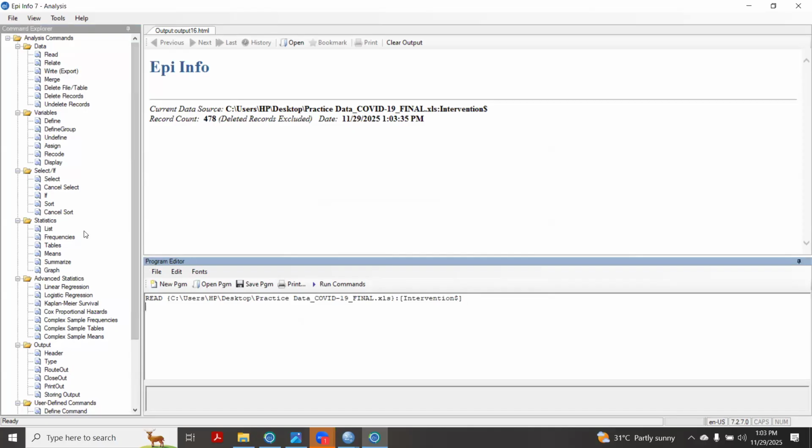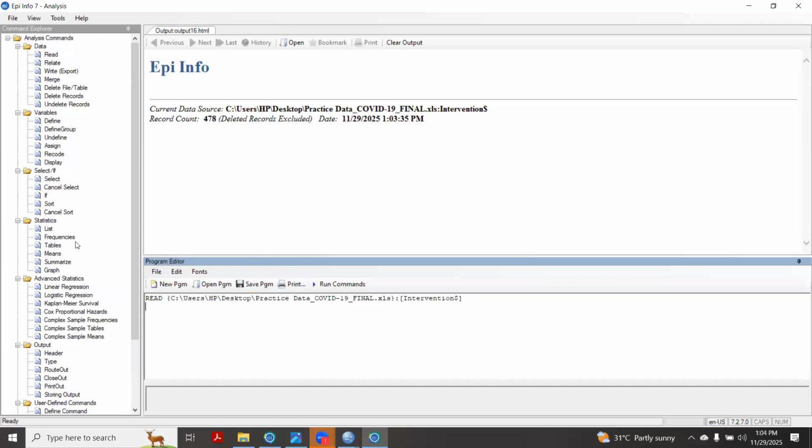So to run the frequency for any variable, and we have said that frequency is usually for categorical variables, all right? Whether it is a nominal variable or an ordinal variable, they are categorical, and you can only generate frequency and percentages for them.